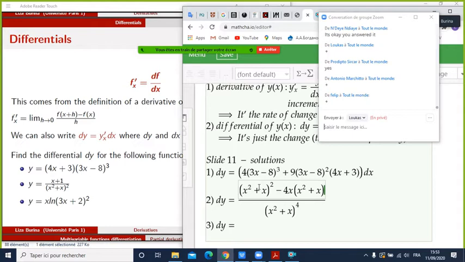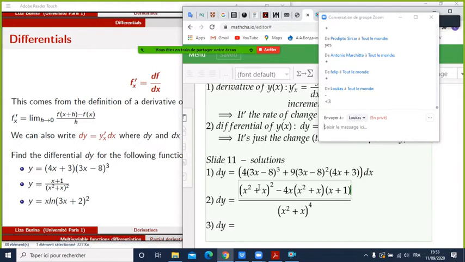Okay, is that good? No. What's up with 4x?